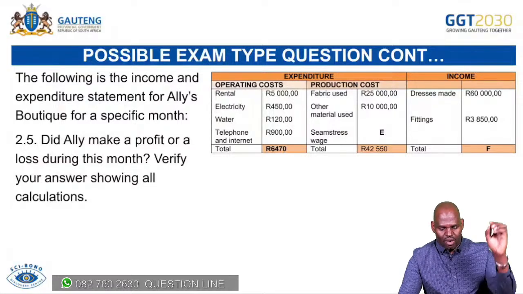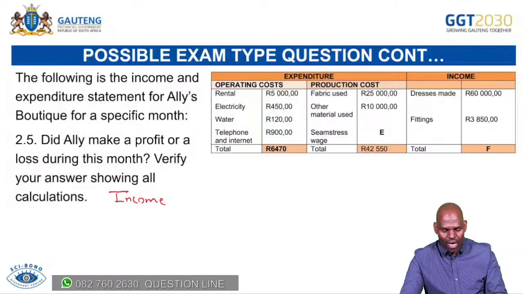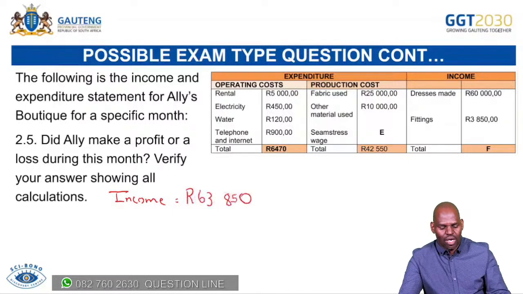Remember, for this, we have to look at the income. I think we said the total income was 63,850. Okay, and then we've got the expenditure.